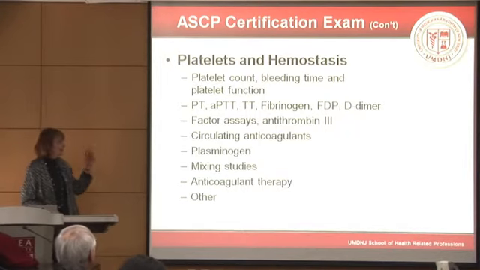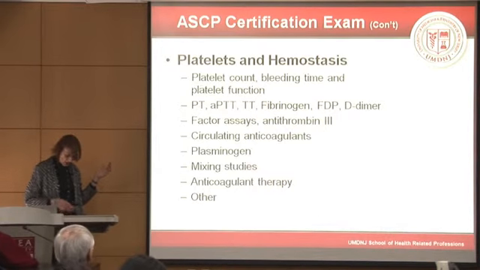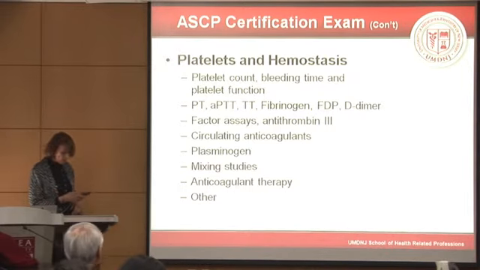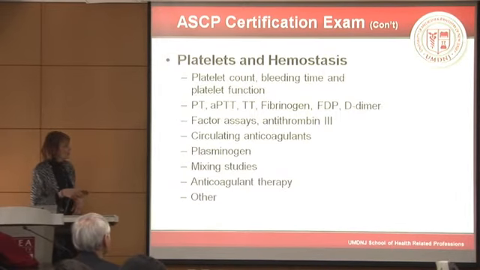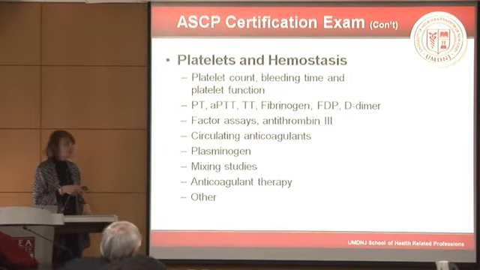This is from the ASCP. Even here, they have tests that are no longer used in most laboratories. As we said, the bleeding time is not used, but most labs also do not do an FDP anymore. They just do the D-dimer. Still, they list it here.